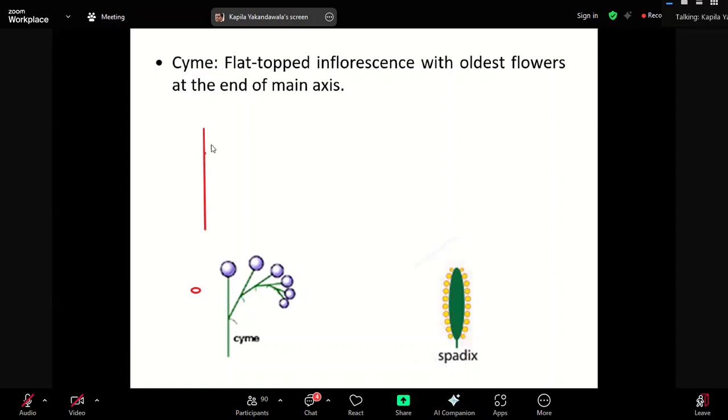Then from the main axis, a secondary branch arises, tertiary branch, fourth one, fifth one likewise. Then primary axis, there's a flower, end of the second axis, there is a flower, end of third axis, just like that. You call it cyme.